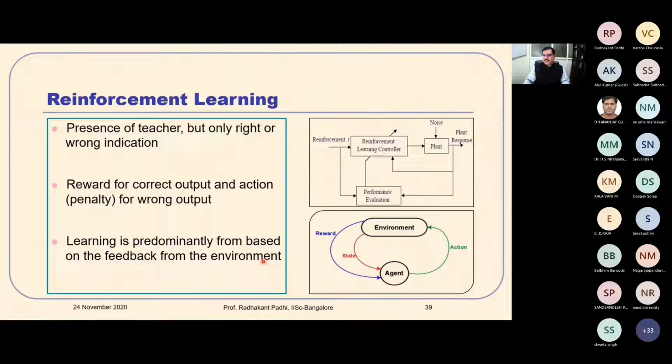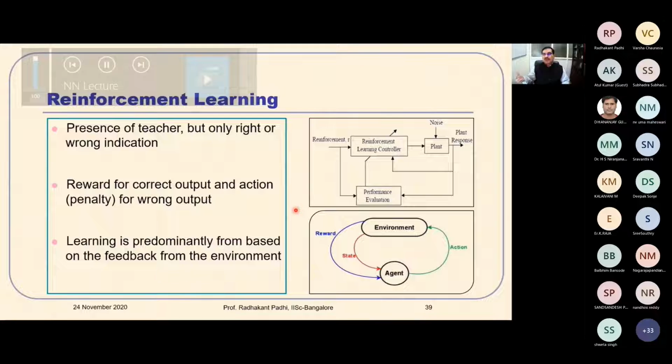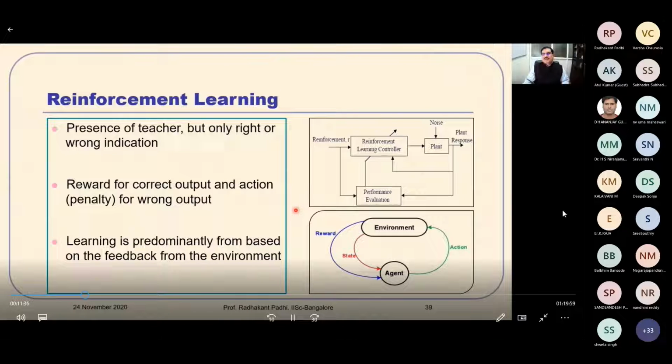So learning is predominantly based on the feedback from the environment, but that feedback is sparse. It is not really very rich feedback. So with sparse information, a little bit of information, how do we actually learn over a period of time what needs to be done? Because whatever is not declared as wrong actually happens to be right, and whatever is declared as right, you are double sure that it is right.